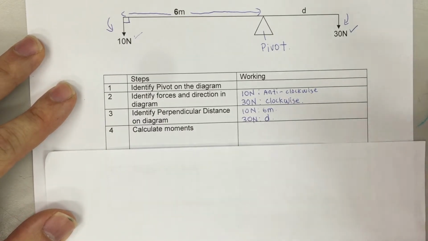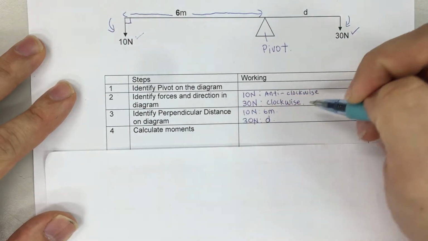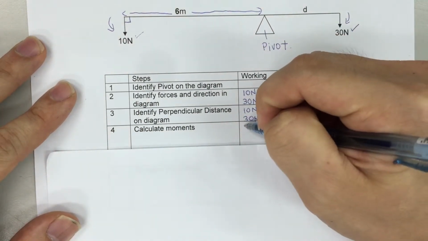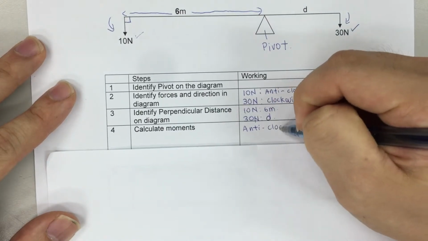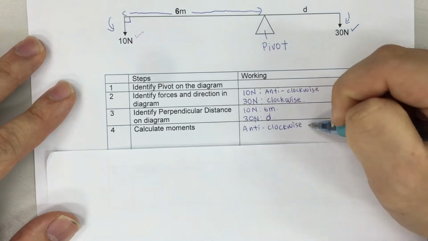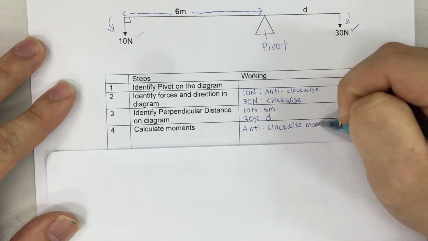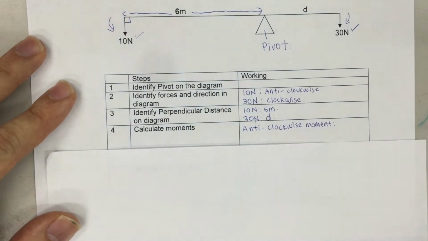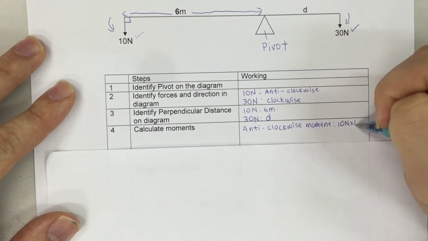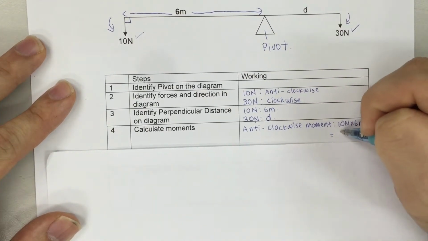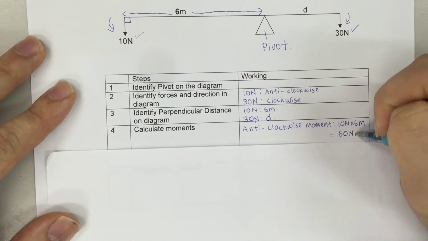To calculate the moment, for the first one, the anti-clockwise moment, the calculation would be 10 Newton times 6 meter, giving you 60 Newton meter.